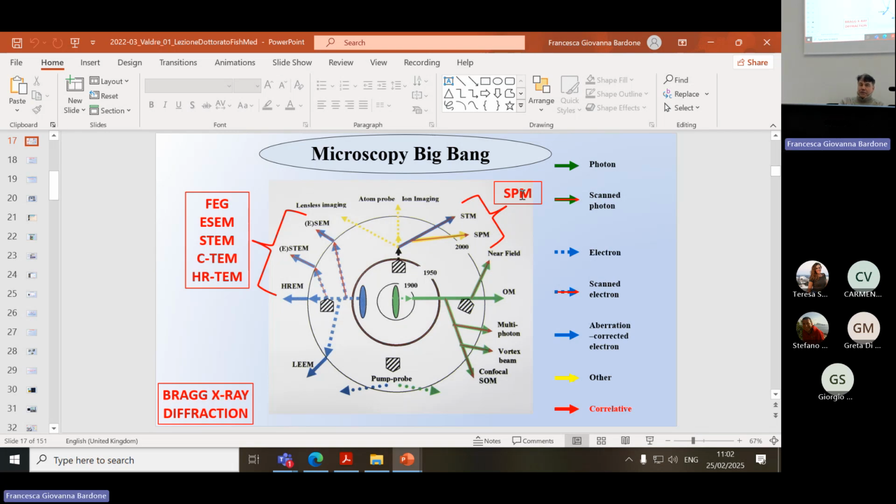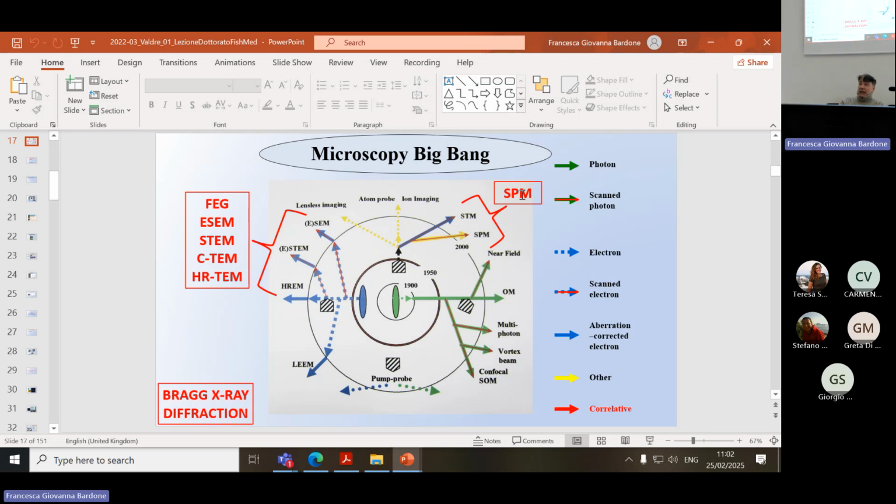When you use electrons and you have an electron microscope, the probe is the electrons. The probe, the source, the physical object I use to get information from the interaction with the specimen, is electrons.